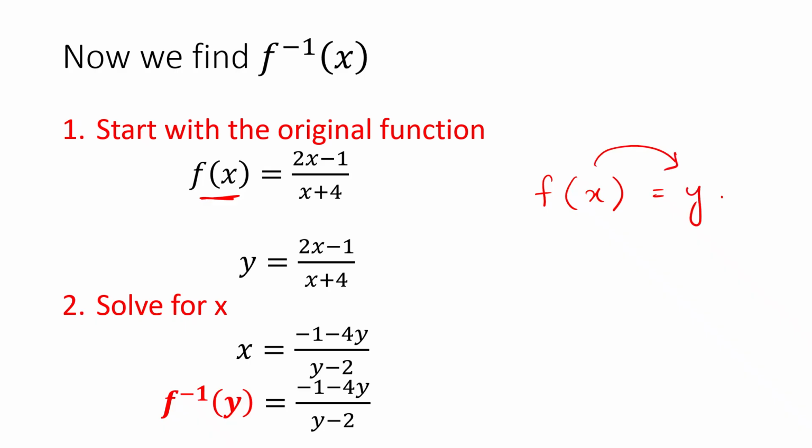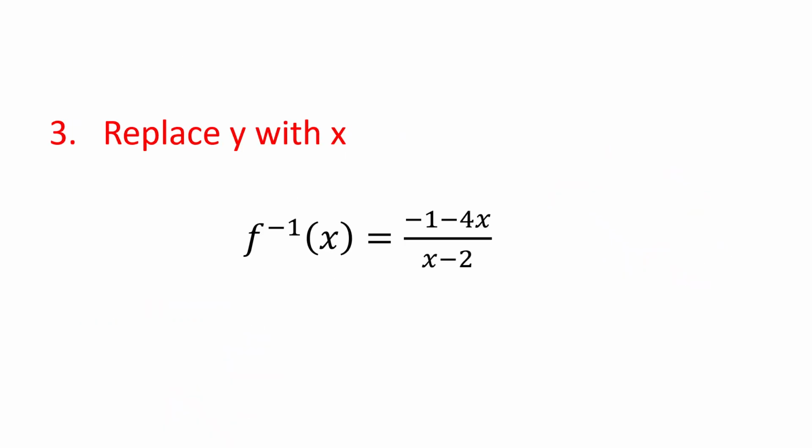From here, the value of x is f inverse of y. And we have already solved for x. So simply plug in the value of x, which is f inverse of y. Replace y with x to get the inverse of the function.